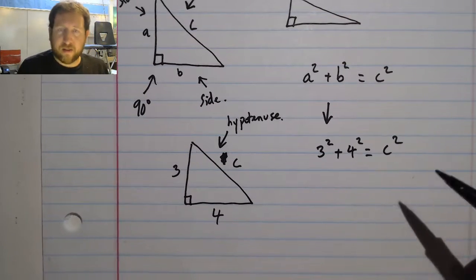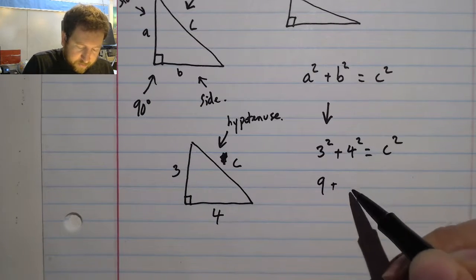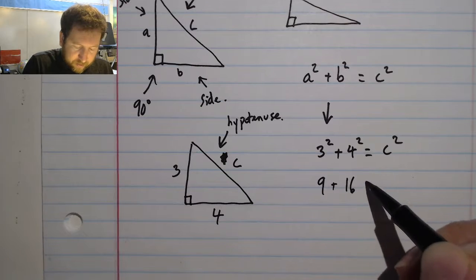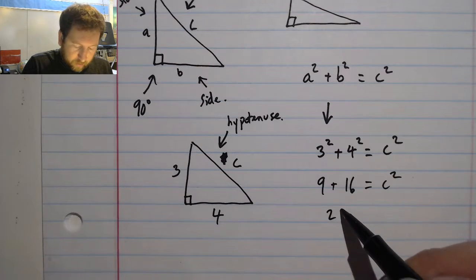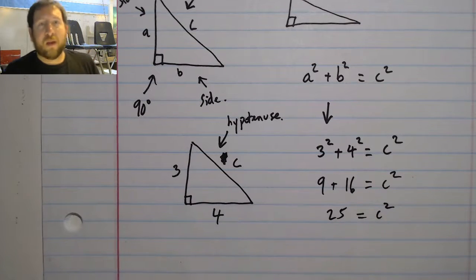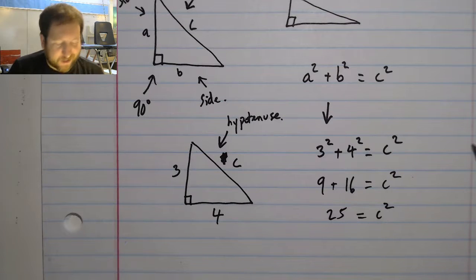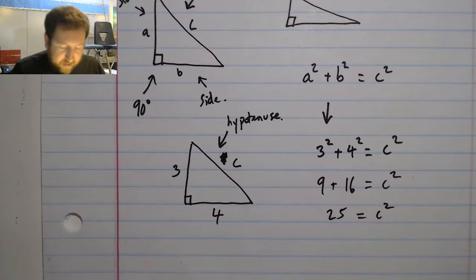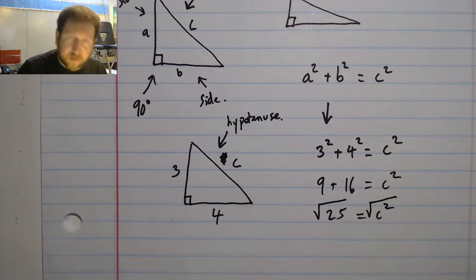Okay, if I'm going to go ahead and simplify this to my next level, 3 squared is 9 plus 16 equals C squared. 9 plus 16 is 25 is equal to C squared. Okay. Well, we can actually use the property that we just learned the other day about how to solve this problem from here. To get rid of this squared, all I do is I'm going to take the square root of both sides.